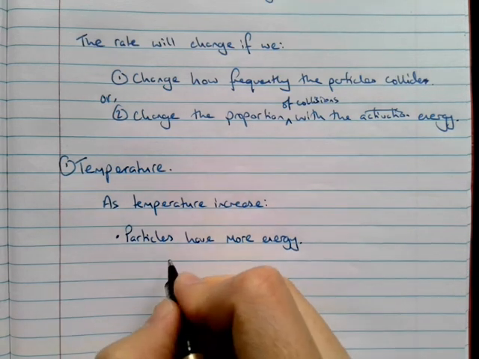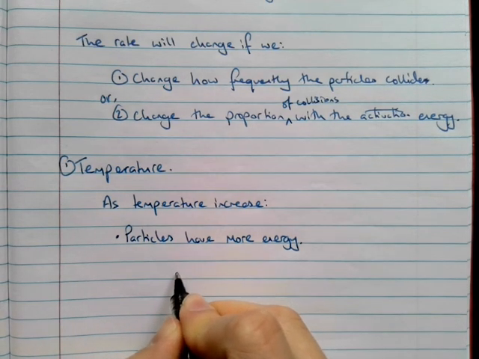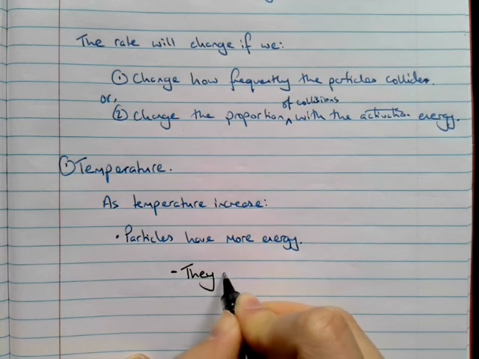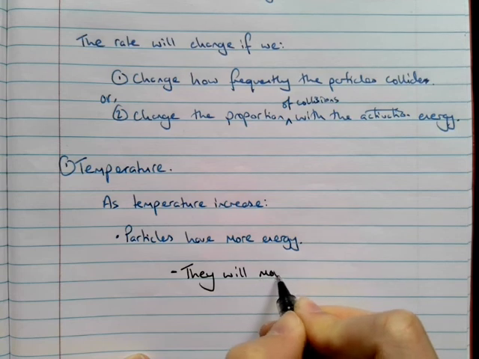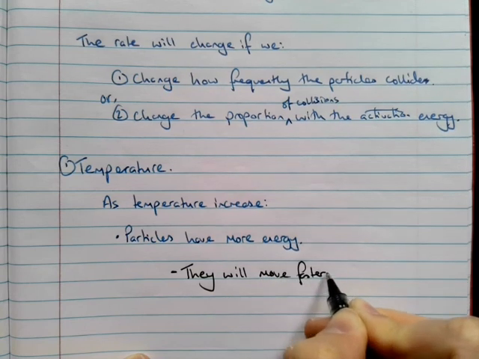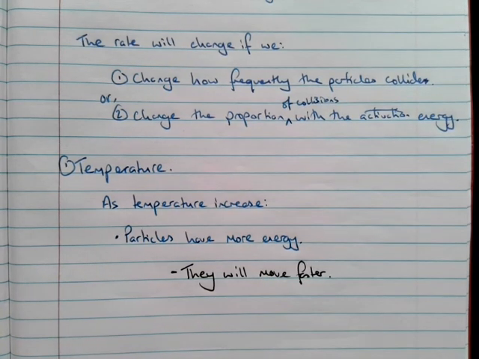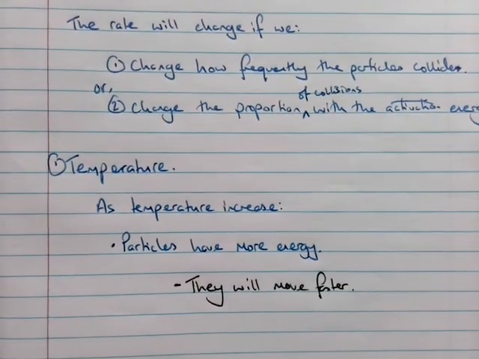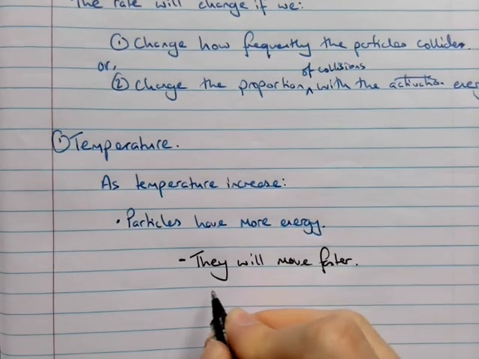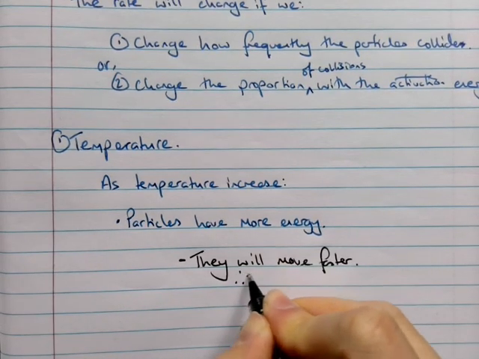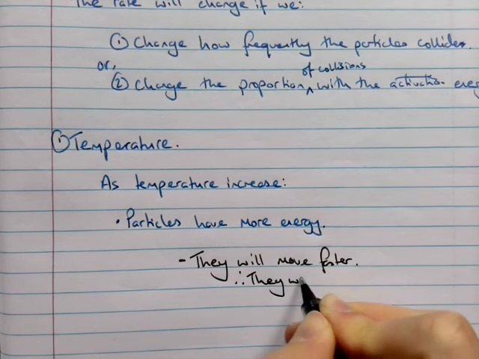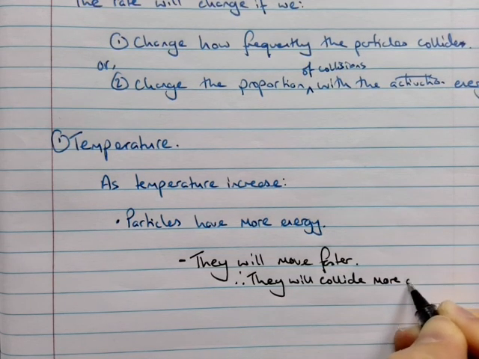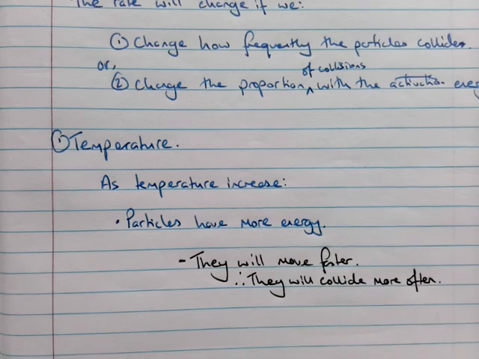Well, if the particles have more energy, then they will move faster. And if they move faster, it stands to reason that what's going to happen? Therefore, they will collide more often.